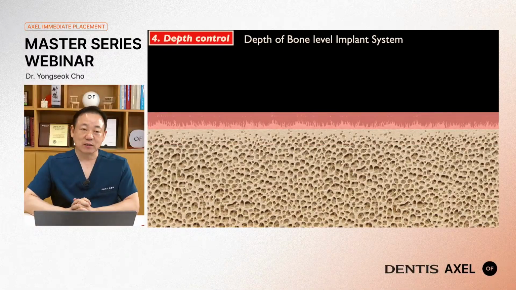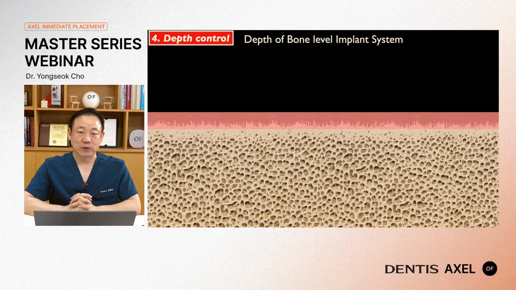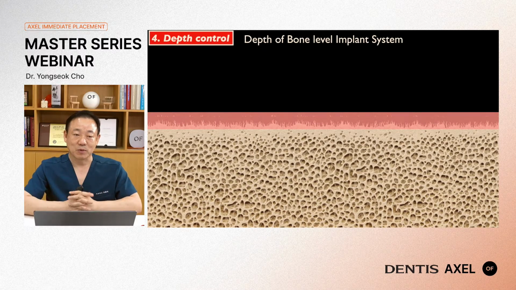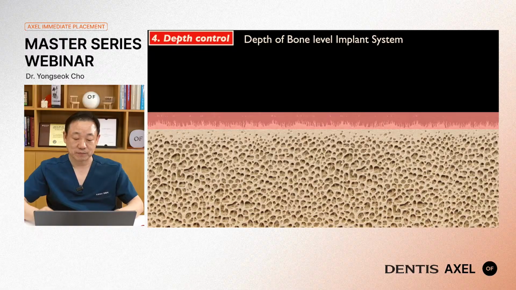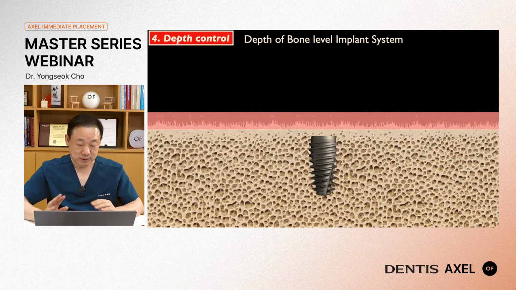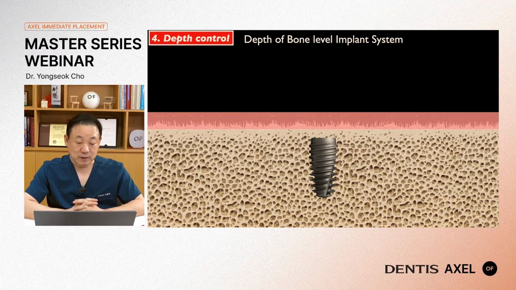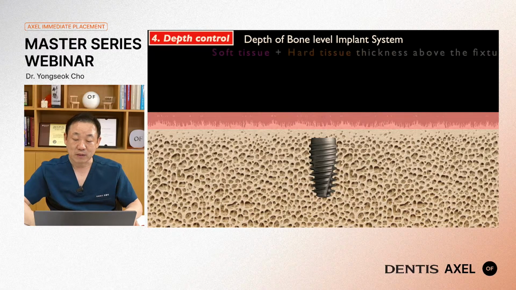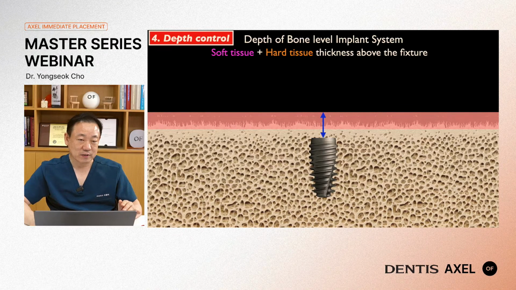And the last key point is depth control of the implant. What is the basic guideline for the depth of a bone level implant system? It is an internal bone level implant system with a rigid connection. I recommend you set the depth of the bone level implant system by watching the total soft tissue and hard tissue volume of the implant.